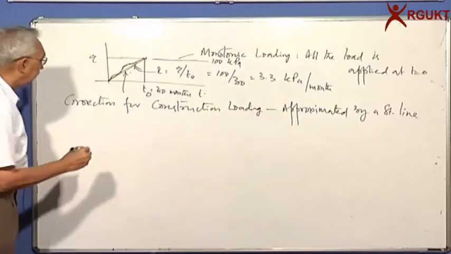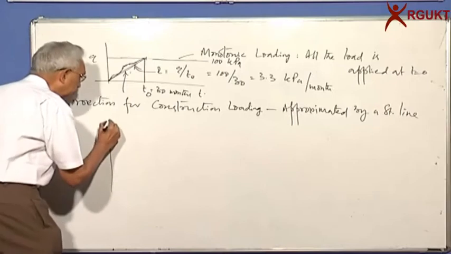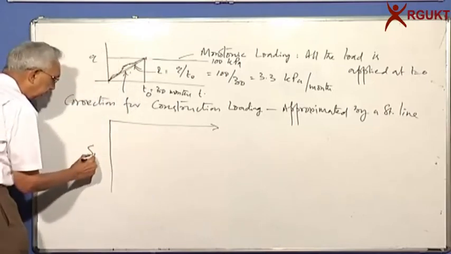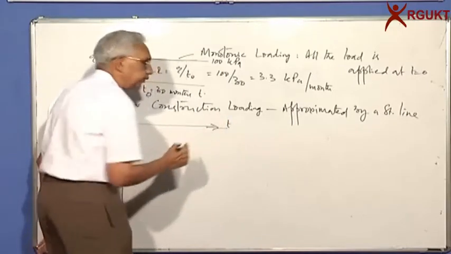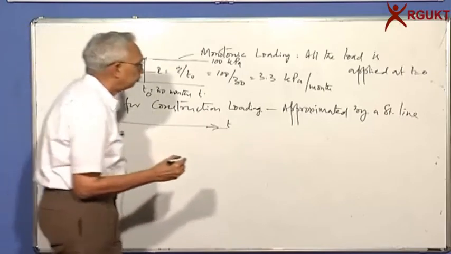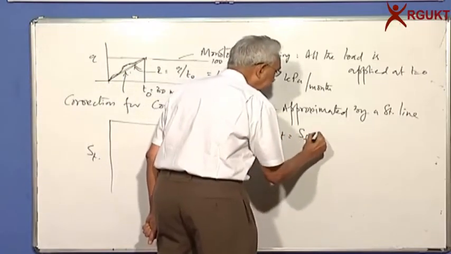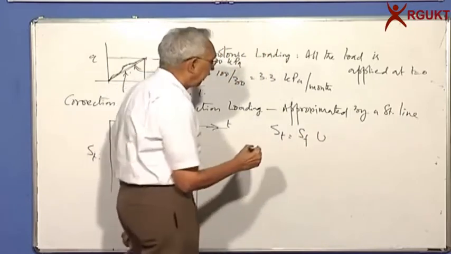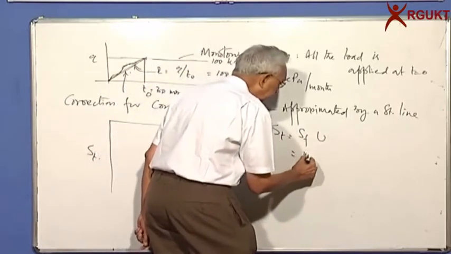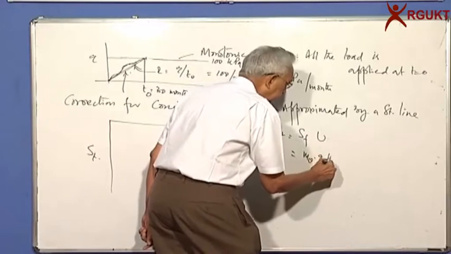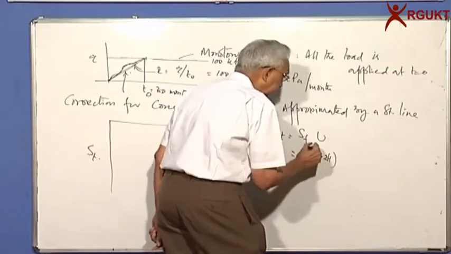So what we do now is, first, I predict settlement at any time t using the Terzaghi theory. I say that S_t is equal to S_final into degree of consolidation. S_final is m_v into q into 2H, the thickness.